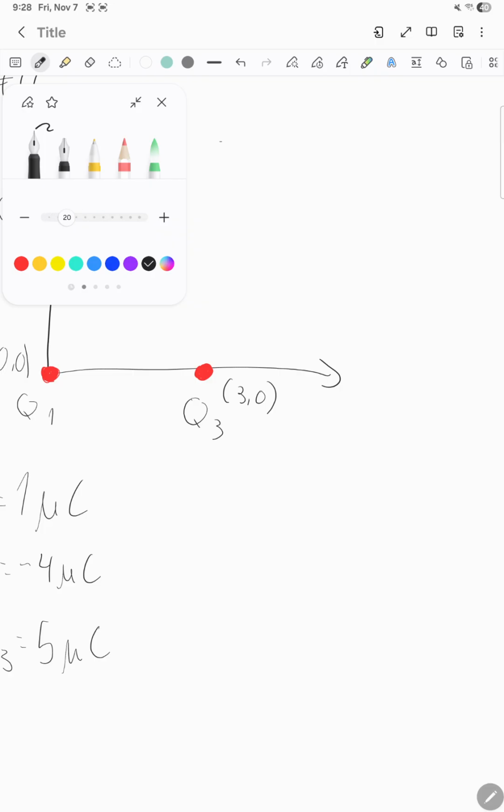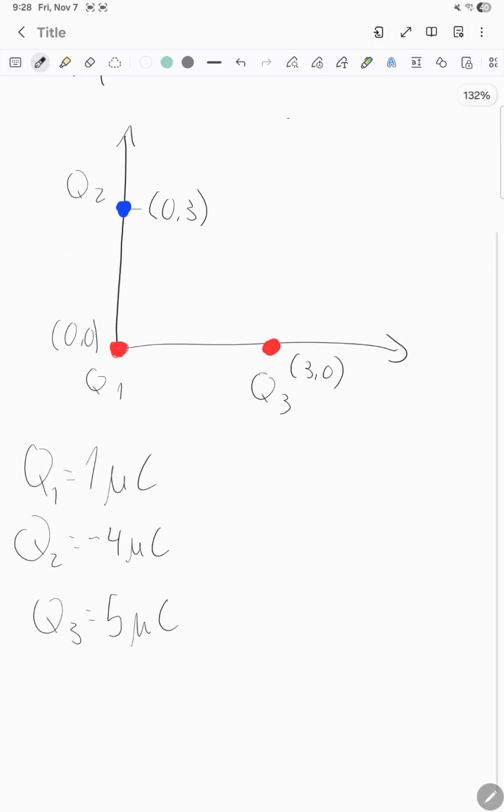Firstly, Q1. How does Q1 influence Q3? Q1 is positive just like Q3. So this is the same charge, so it will have a force of repelling. Let's call this force F13. Charge 1 will influence Q3 by having a force of repulsion on the X positive axis, so by there.